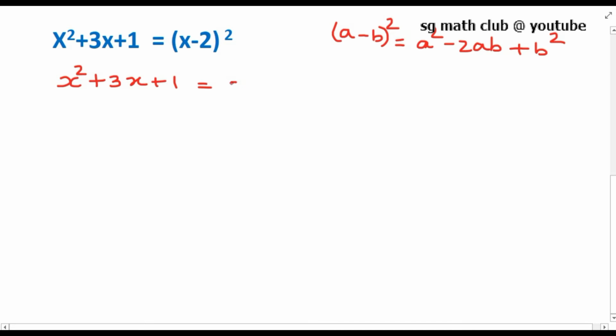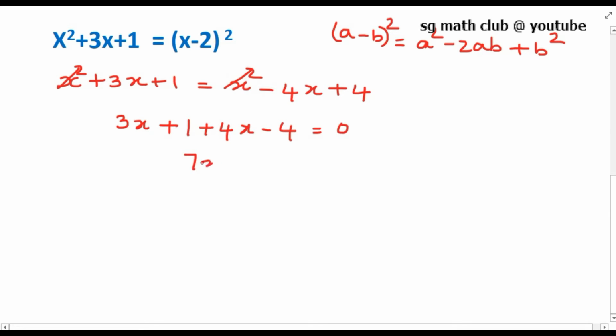So I can open the bracket, x square minus 4x plus 4. Now see, x square and x square we can cancel and bring everything to the one side. 3x plus 1 plus 4x minus 4 equal to 0. 7x minus 3 equal to 0.